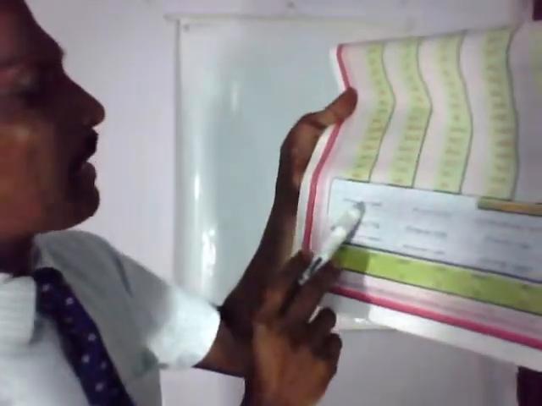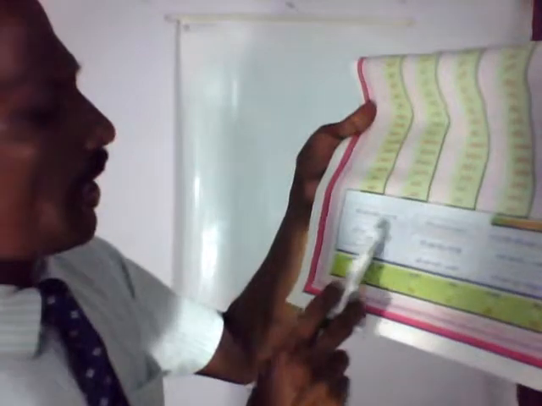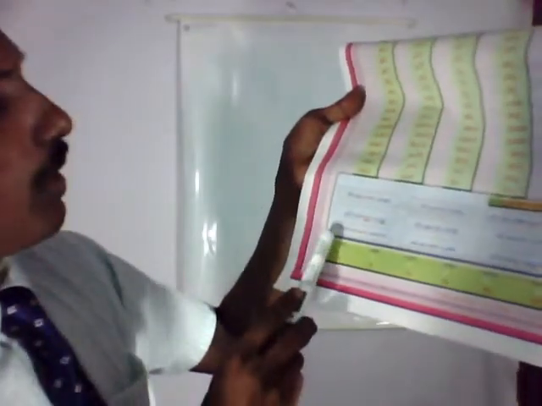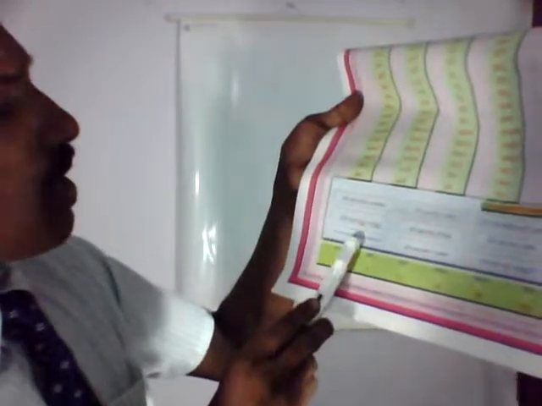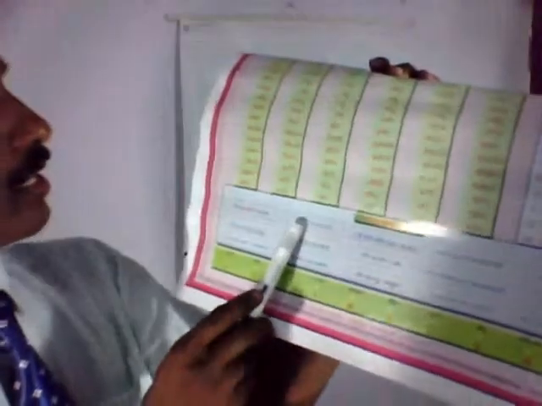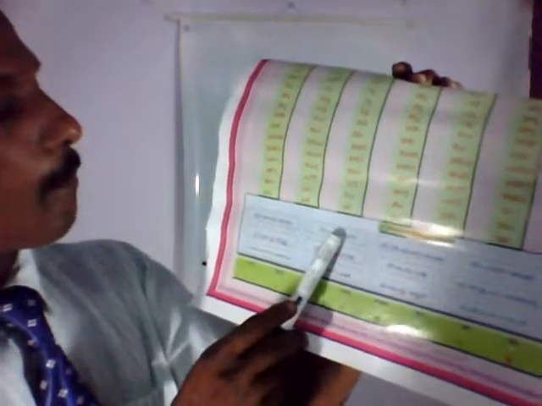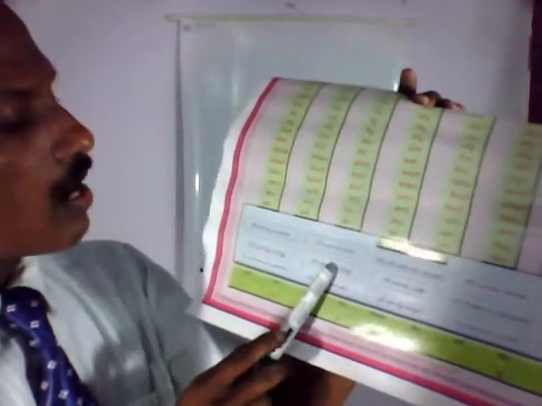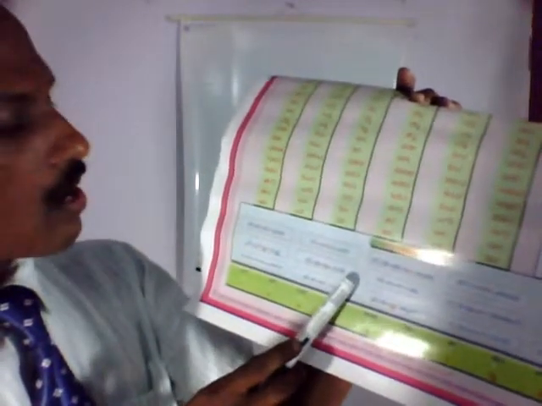See here, t plus ta, tta, and ch plus cha, paccha. Nj plus ja, nja, manjal. I have also given some example words that I am reading here. Mb, pamba. Nm, nanma.